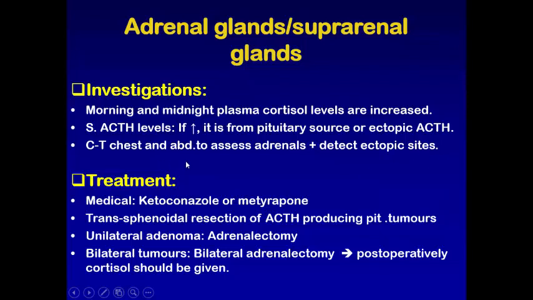Treatment of Cushing syndrome. Medical treatment in the form of ketoconazole and metyrapone. These medications can reduce steroid synthesis, thus symptoms can be controlled. They are also indicated if surgery is not possible. Also, we have surgical treatment in the form of transsphenoidal resection of the ACTH producing pituitary tumor.